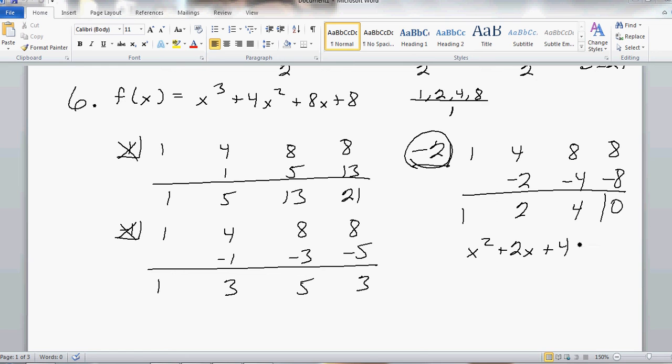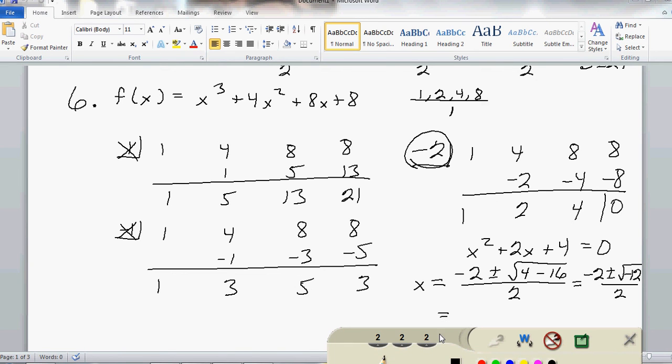And so I can once again set this equal to 0 and solve using the quadratic formula. x equals negative b plus or minus the square root of b squared minus 4ac all over 2a. So this is negative 2 plus or minus the square root of negative 12 over 2.